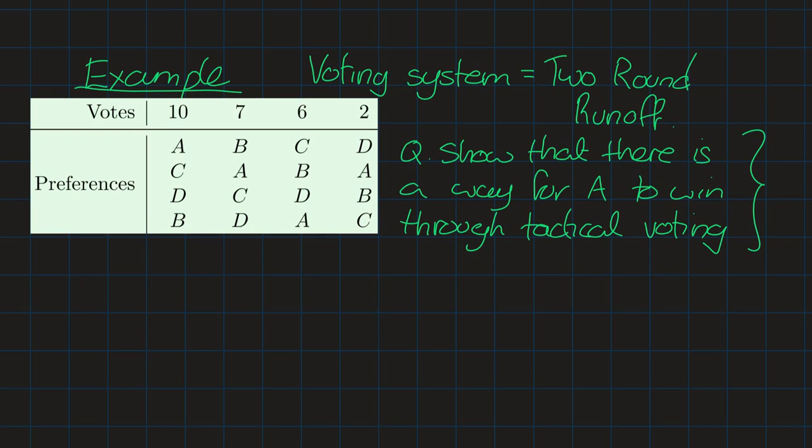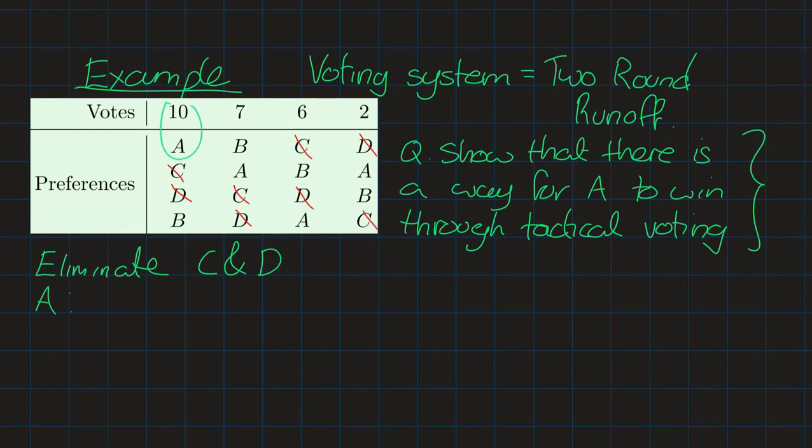Well, let's just see what the election result would be if everyone voted sincerely. So it's clear that A has 10, B has 7, C has 6, and D has 2. So in the 2-round runoff voting system, we would eliminate C and D because they got the least. And then now, how many votes does A have?